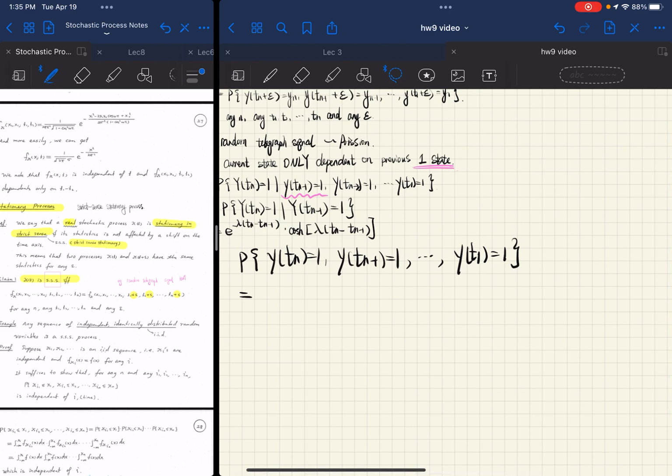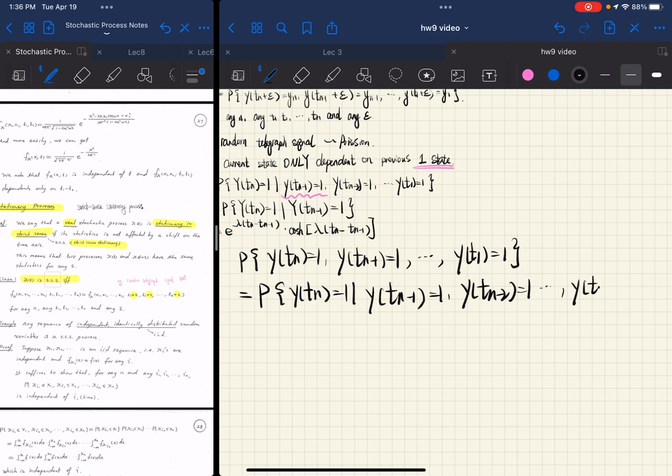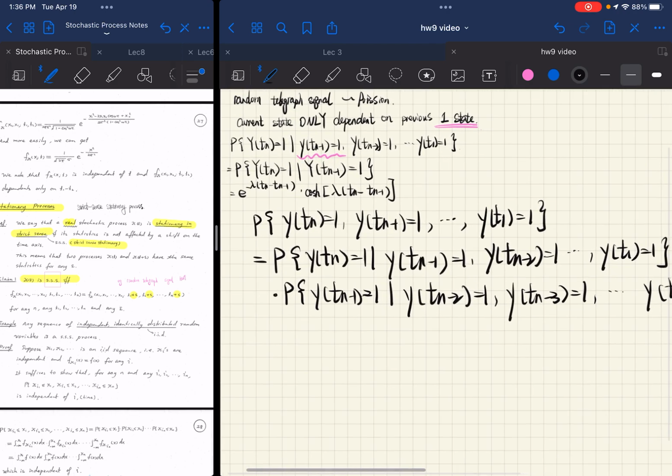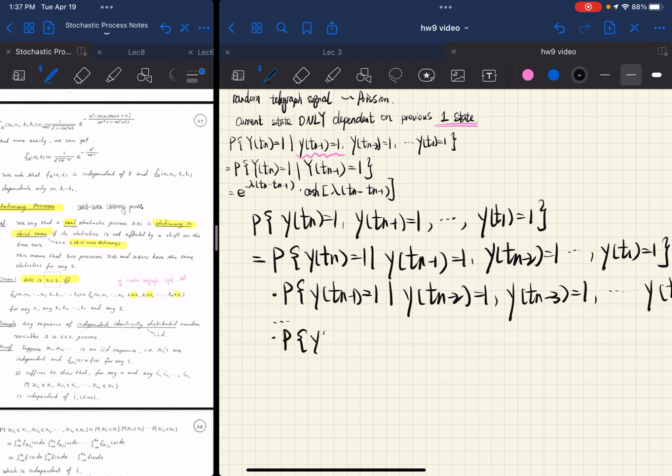We can expand this equation as a multiplication of a series of conditional probabilities. It equals the probability of Y(tn) equals 1 under the condition that Y(tn-1) equals 1, Y(tn-2) equals 1, till Y(t1) equals 1, times the probability of Y(tn-1) equals 1 under the condition that Y(tn-2) equals 1, Y(tn-3) equals 1, and etc. till Y(t1) equals 1, and so forth. The last term is Y(t1) equals 1.